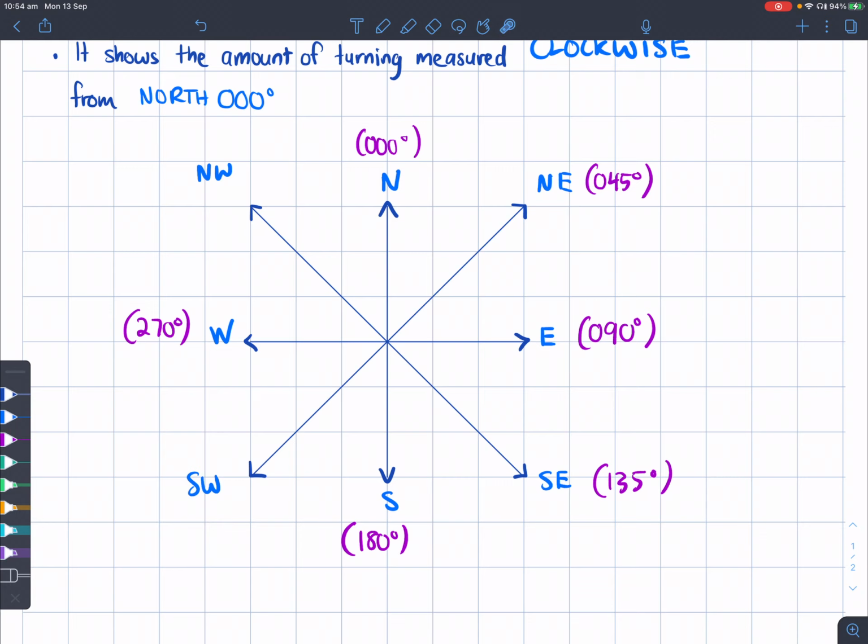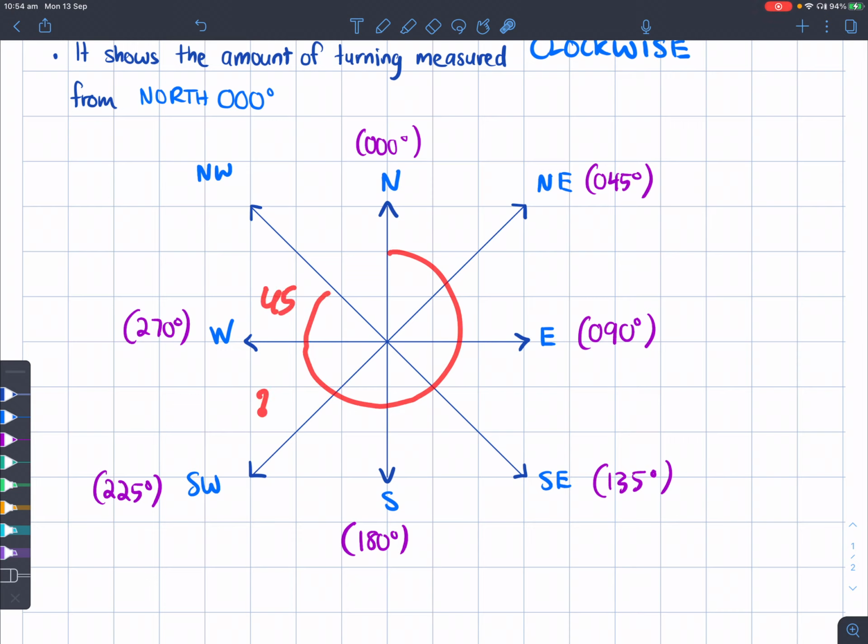To find southwest, I add another 45 degrees to 180, which gives us 225 degrees. For northwest, I take this angle, which is 270 degrees, and add another 45.